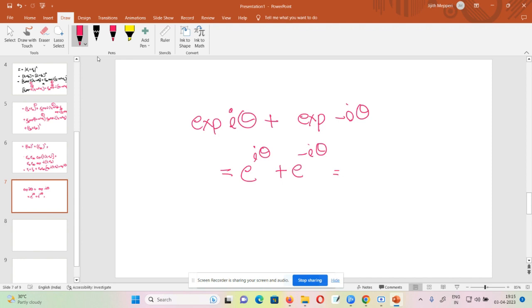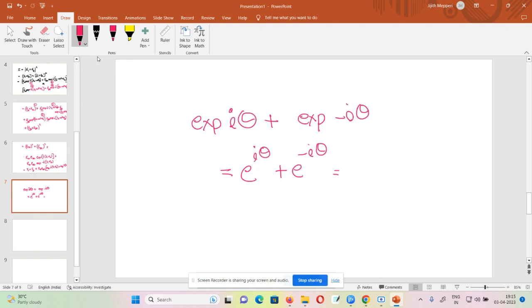Can you guess something? Any idea? e raised to i theta into e raised to minus i theta will be 1. What will be the sum?